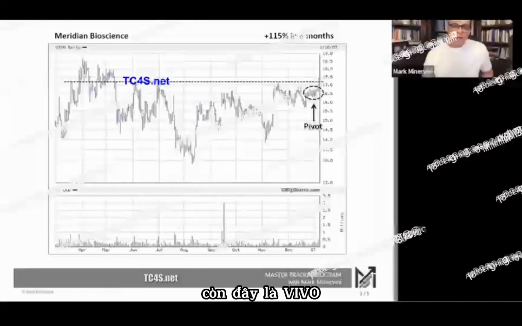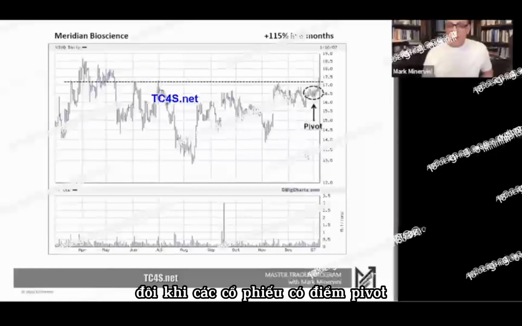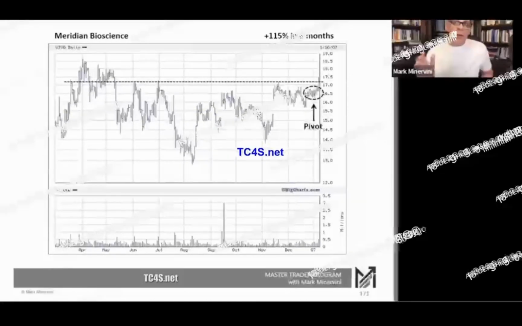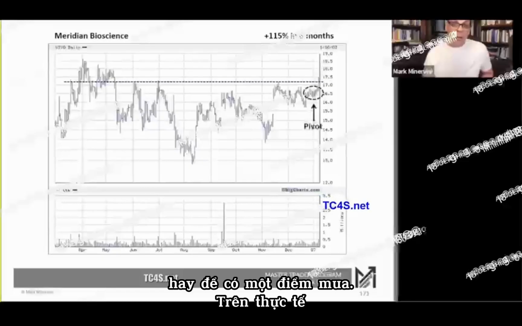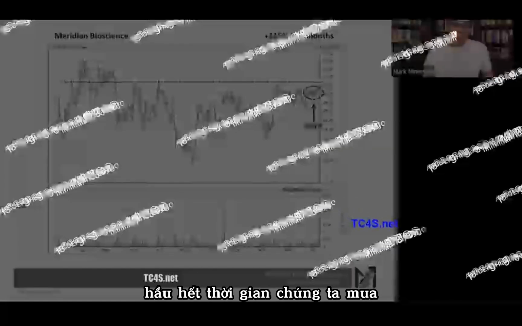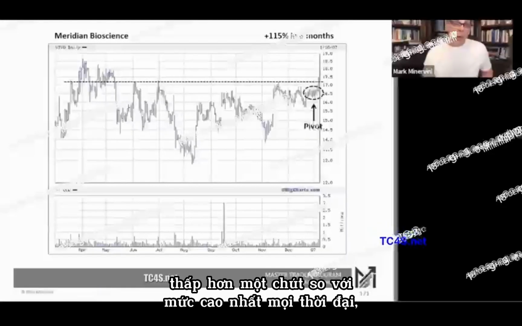Here's VIVO. Sometimes with these pivots, you don't have to have a stock go into new high ground for it to be a breakout or the buy point. As a matter of fact, most of the time we're buying a little bit lower than the all-time high or the 52-week high.